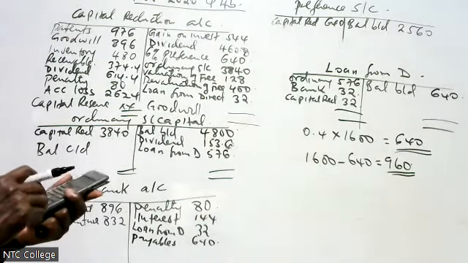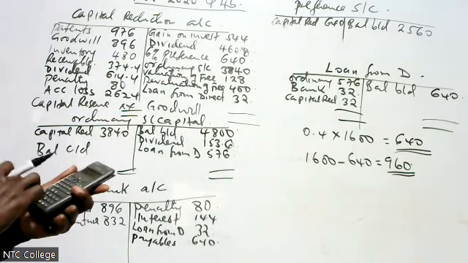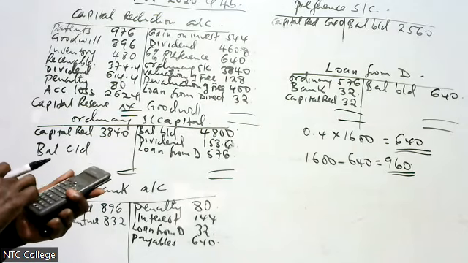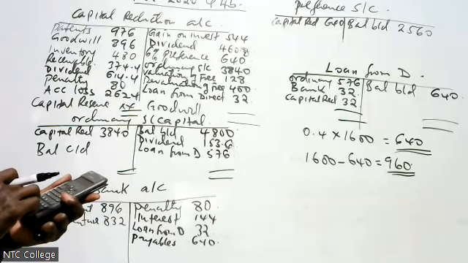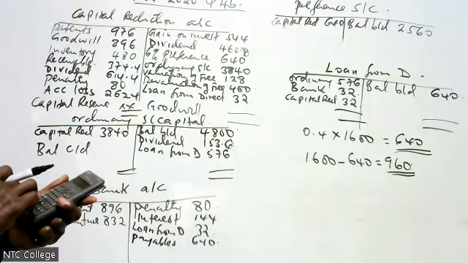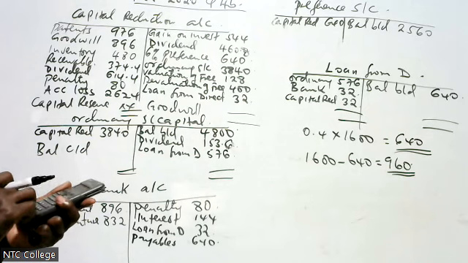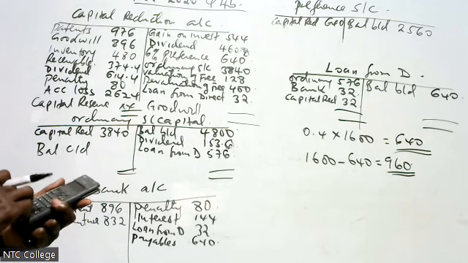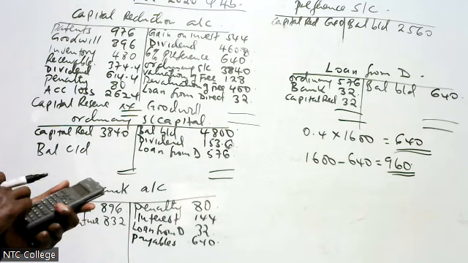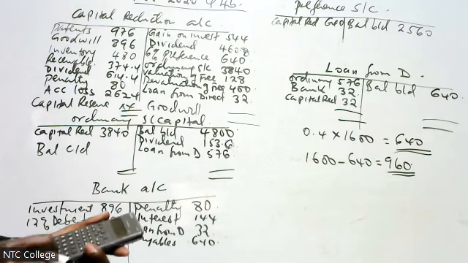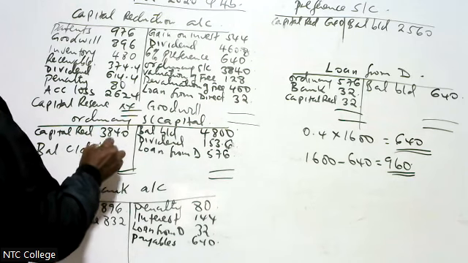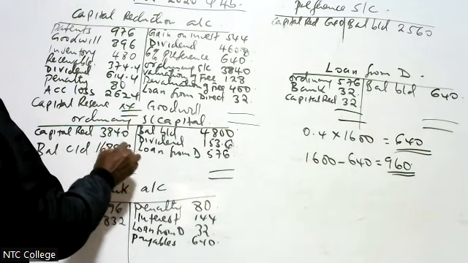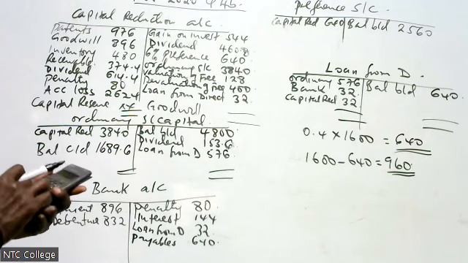On the ordinary, let Marine do the ordinary. Ordinary balance carried down is 1689.6. What about the bank account?